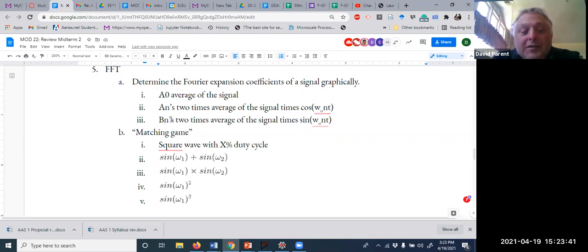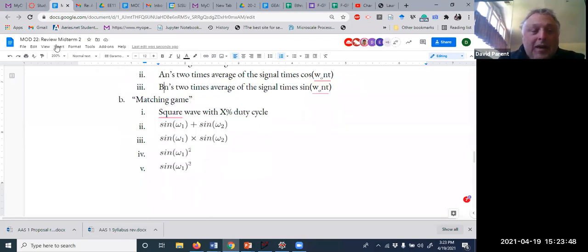Then another kind of question I like is the matching game. Here are some possible things that need to be matched: a time domain signal to an FFT spectrum.